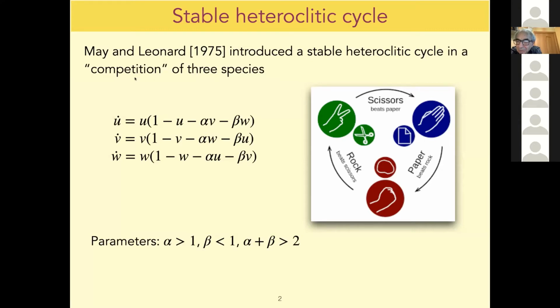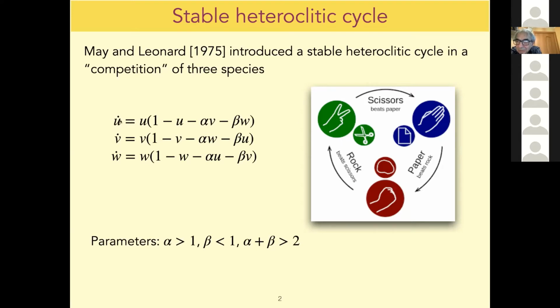Here it is competition of 3 species, organized in a cyclic way, like in the popular game where scissors beat paper, paper beats rock, and rock beats scissors.